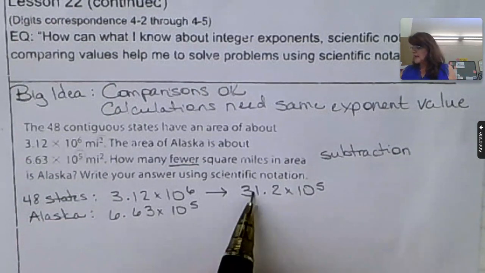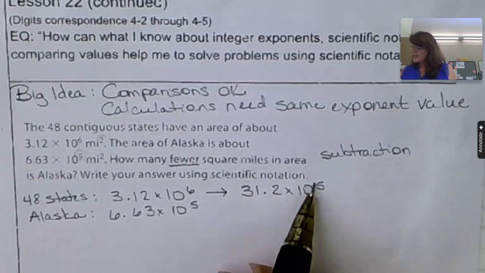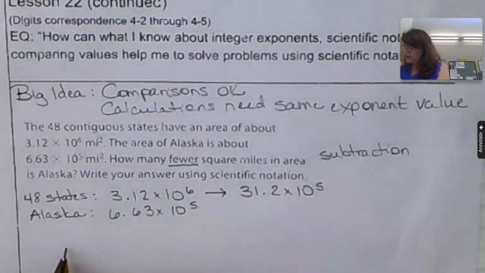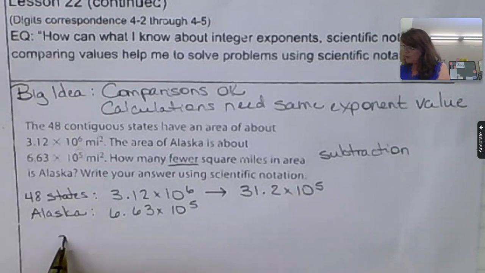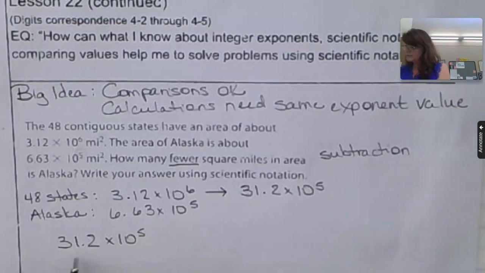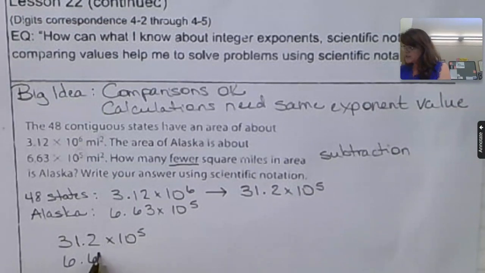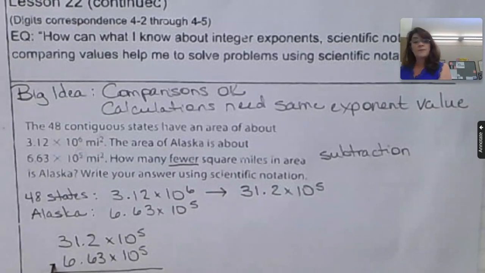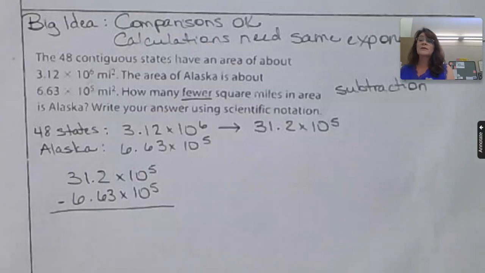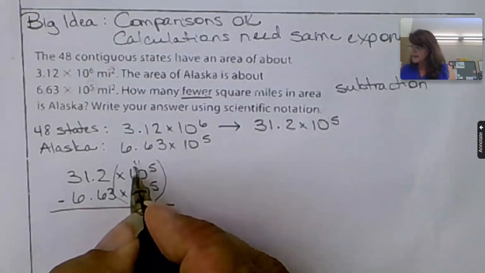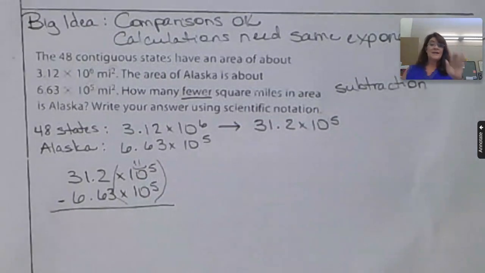The value stayed the same because I moved a tens value here and a tens value here. I balanced it. Now I could write 31.2 times 10 to the 5th power and 6.63 times 10 to the 5th power, and I could simply subtract my decimals. Because these are the same, they can just stay alone.